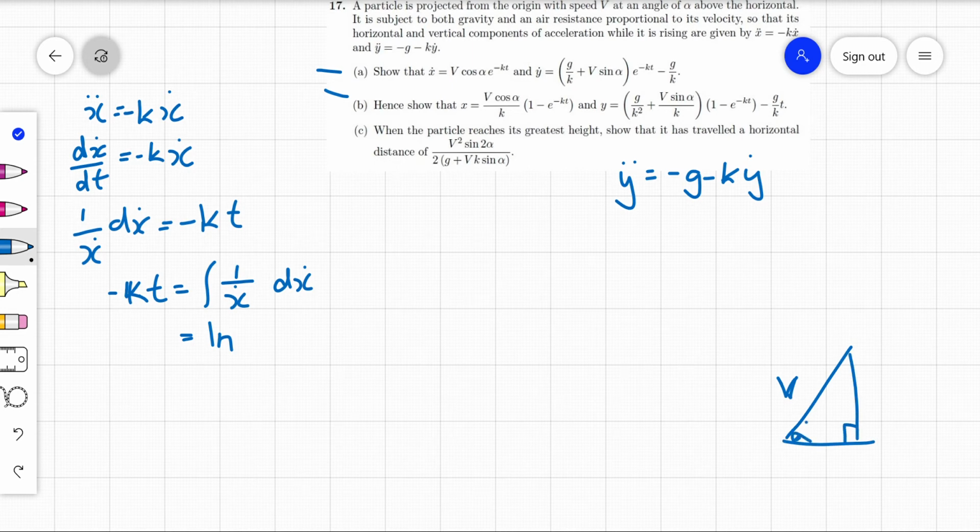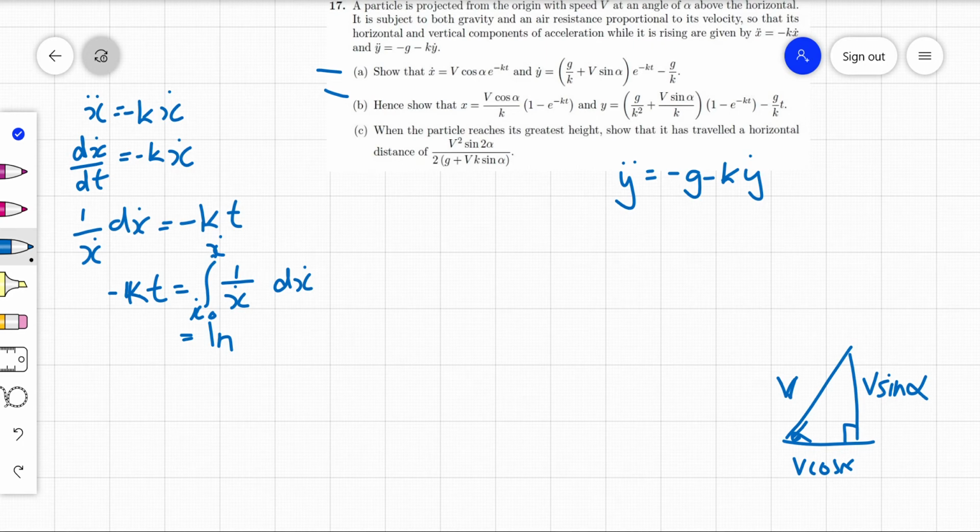Sorry, I didn't put that in first, so read the question. So initially we've got v cos alpha horizontally for our x dot, and v sine alpha for our y dot. So here we're going to go from our x dot initial up to our x dot.